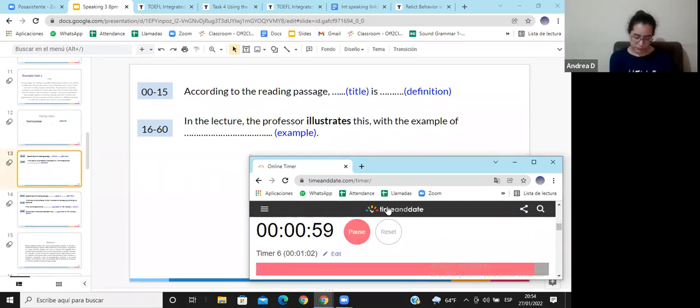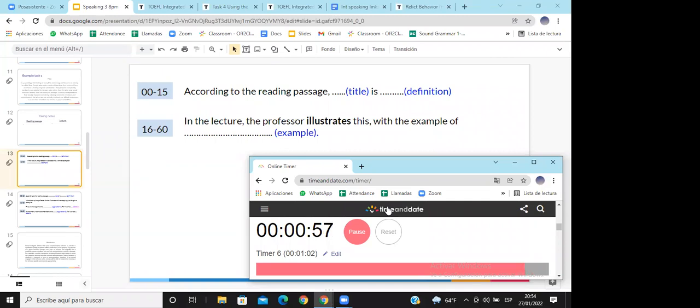Okay, according to the reading passage, relic behaviors are behaviors whose purposes are no longer necessary. And in the lecture, the professor illustrates this with the example of pronghorns, which lived in North America thousands of years ago. They used to escape from lions in their habitats, but the lions are no longer living in North America.